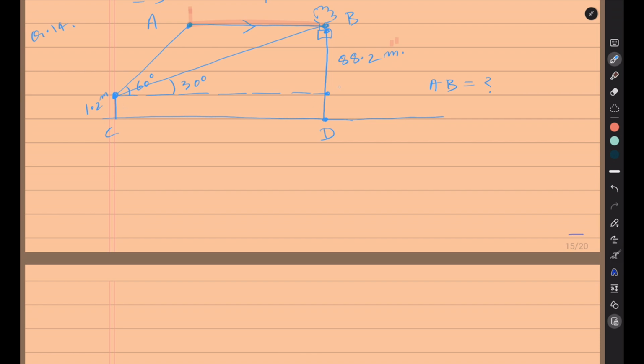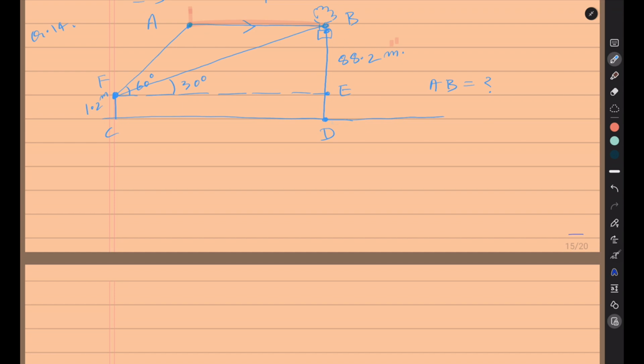So I have just drawn a line. I think, no, this is not, it could be F. So the girl's eyes are on point F, and then I have just put one horizontal line EF, which is horizontal to the ground, CD.